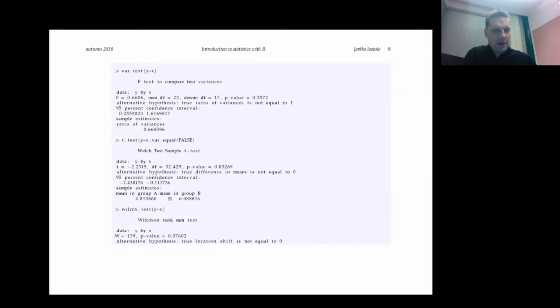And lastly, we have done here the Wilcoxon test, which is more usually known as the Mann-Whitney test. Here's the statistic, which we don't really need to worry about, and here's the p-value.